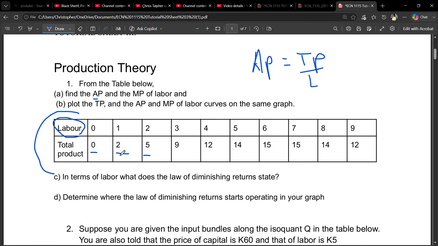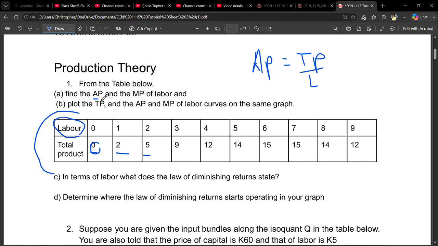What we're going to do is get this total product, which is 0, and divide it by this labor, per labor. So if we have 0 here, we divide it by 0. We have 2 here, we divide it by 1. We have 5 there, just like that until you reach the far end. So we're going to do that from the first part until the last part. So that's how you find your AP.